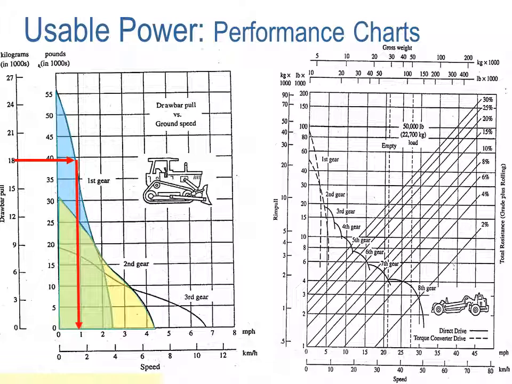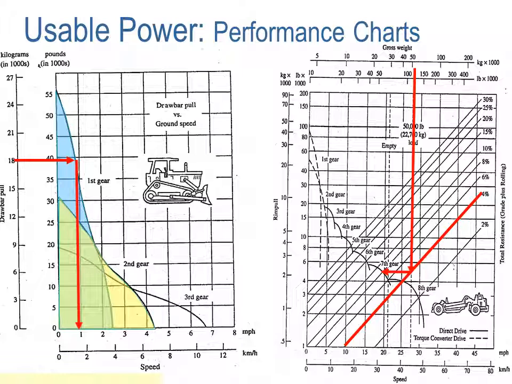And the vertical lines, the weights. So if I know the effective grade is 4% and the weight is 50 kips, they are meeting at a certain point. The horizontal line here represents what? This represents the required impulse force.